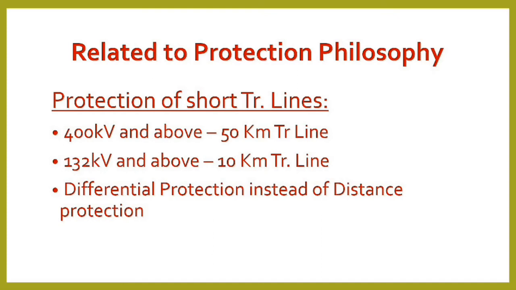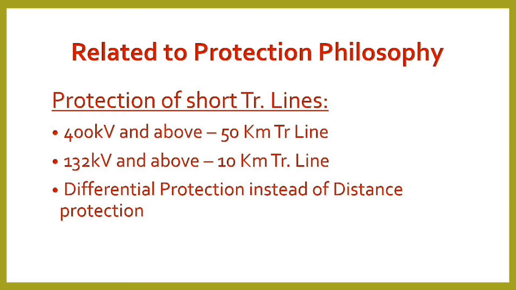Earlier, graded protection systems, that is distance protection systems, were used for protection of transmission lines. However, in the recent development, it has been mandated that for the short transmission lines mentioned above, differential protection instead of distance protection will be used for the protection of transmission lines.